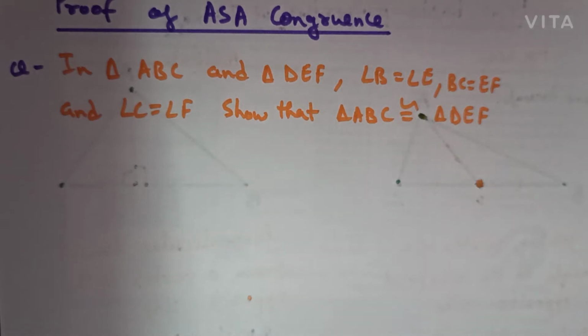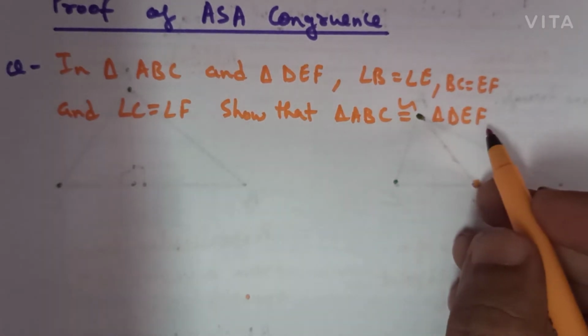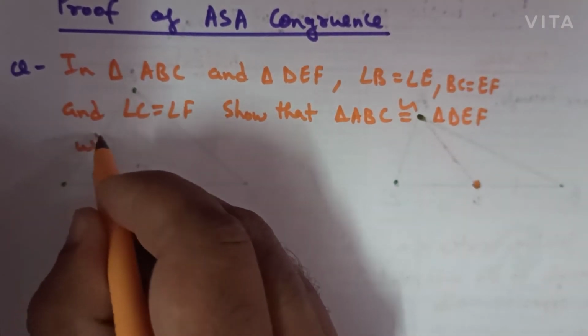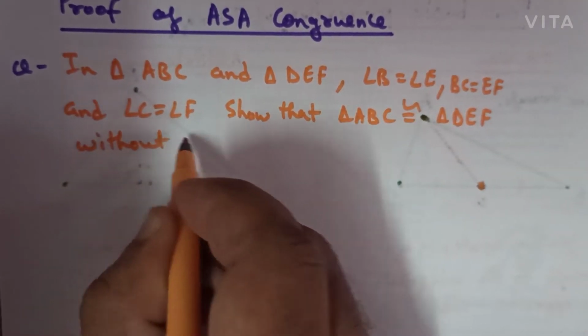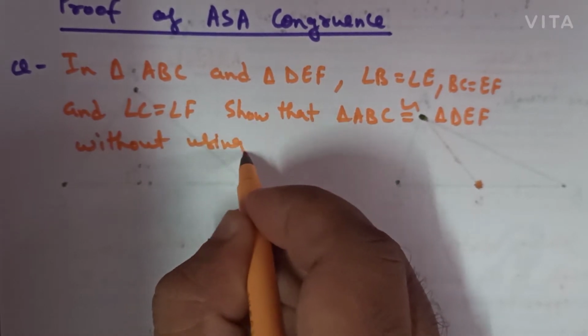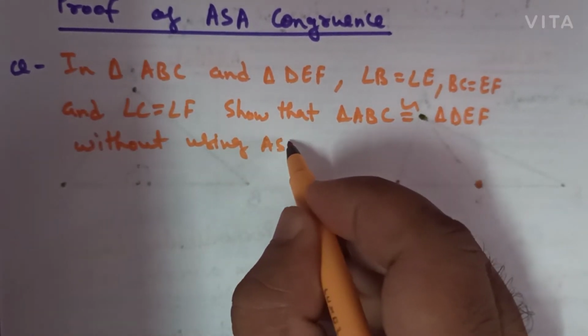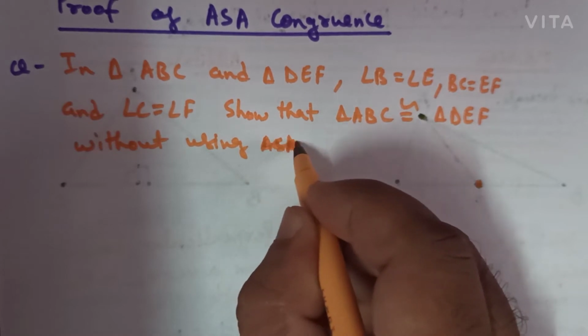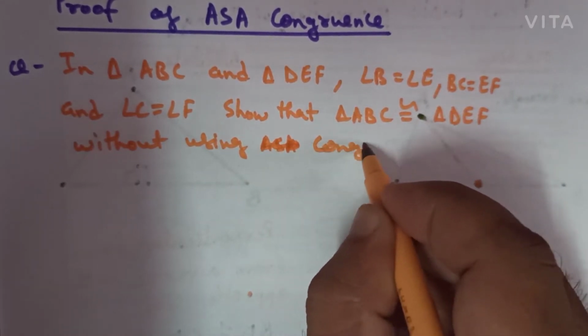So we don't have to apply the ASA property; we have to prove it without using the ASA congruence property.